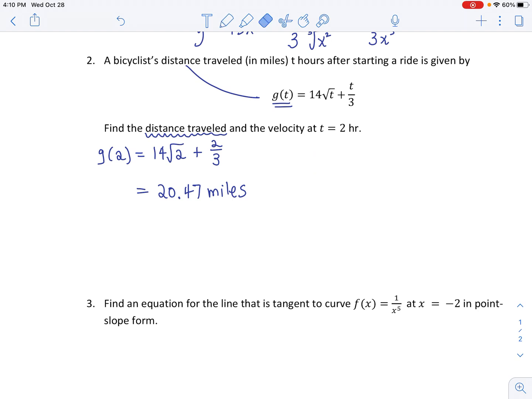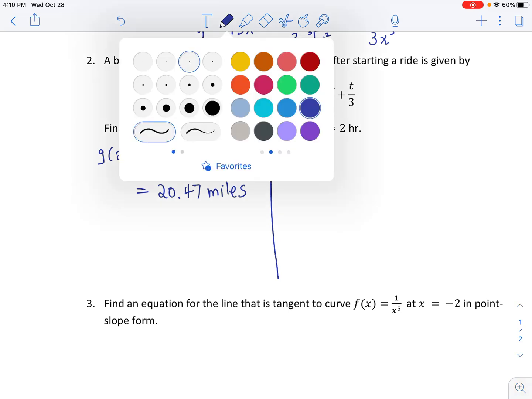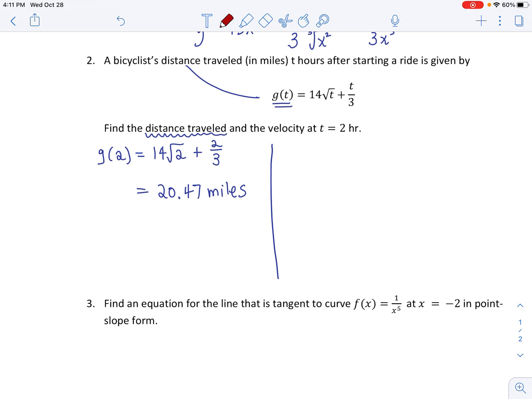That's pretty far in 2 hours. Wow, pretty fast. Okay, now what's next? Right after I answer this question, I'm like, how fast is this person going? Sometimes when you're riding a bicycle, at one moment you've got so much energy, you're riding really fast, but then you get tired, so you're not as fast.